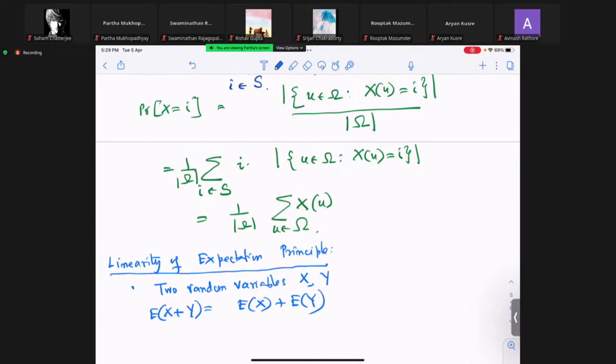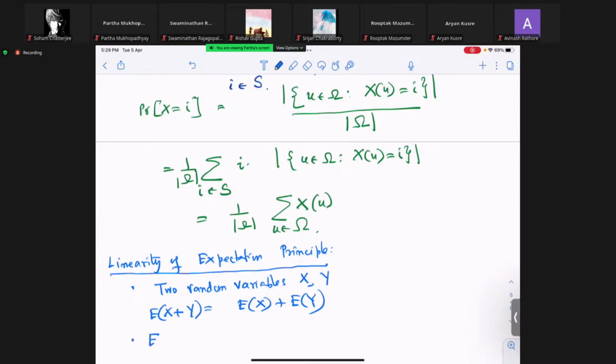Notice that this relation does not depend on whether X and Y are dependent or independent. This is the most beautiful consequence of this equality. It doesn't matter how X and Y are related, this linearity of expectation is always true.